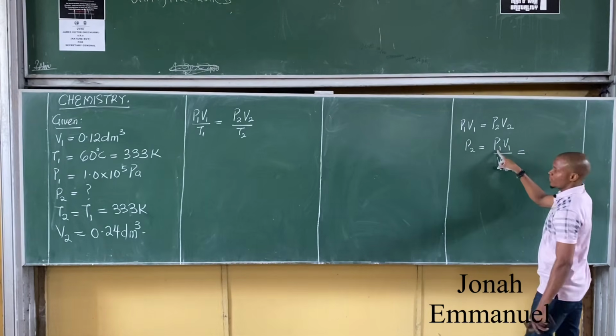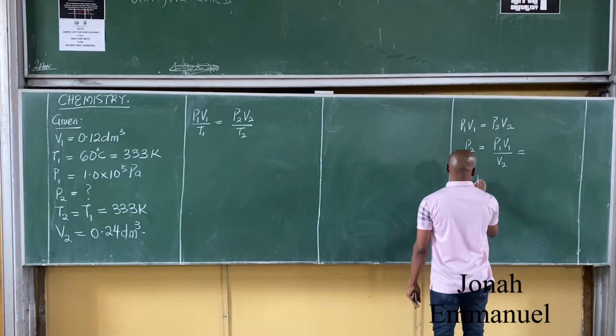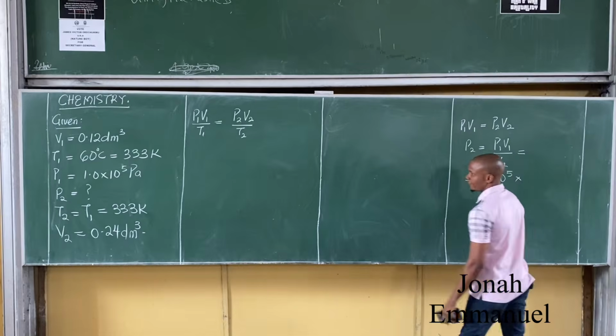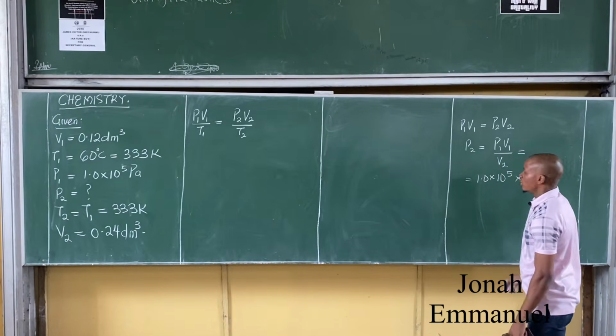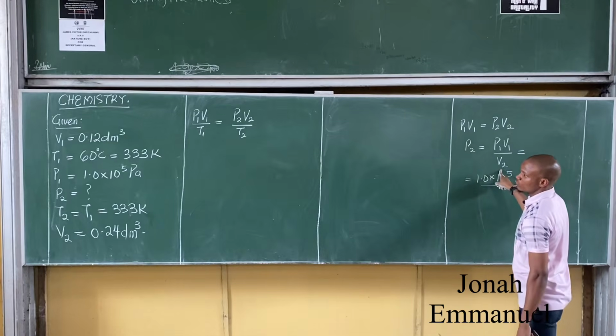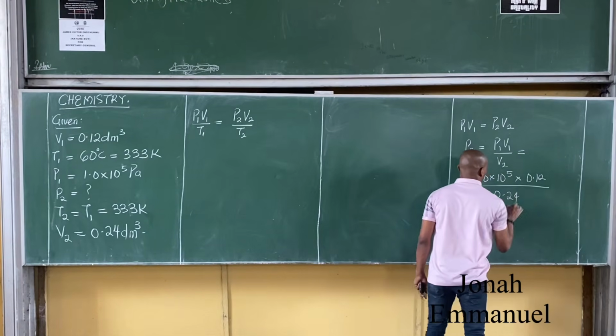Give me the value. What's P1? 1.0 times 10 to the power 5, times V1, 0.12, all over V2, 0.24.